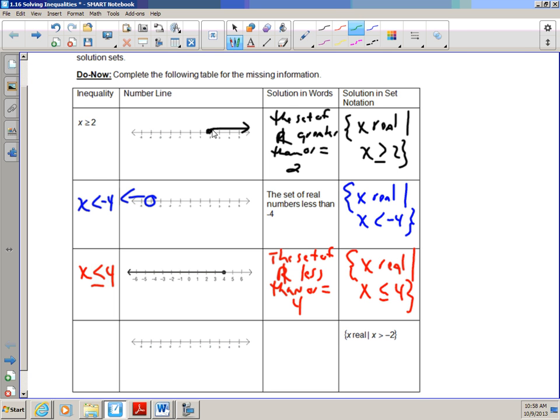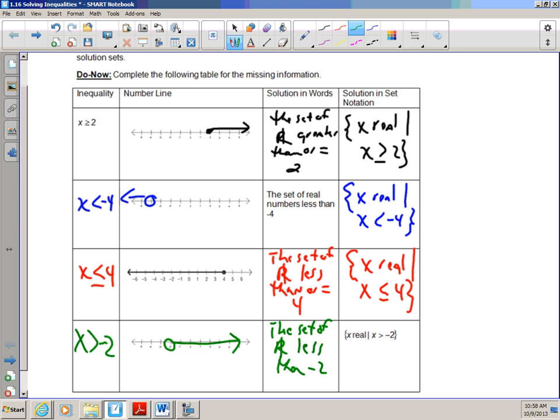And then the final, we see x is greater than -2. We're at -2, open circle going to the right, and the set of real numbers greater than -2.